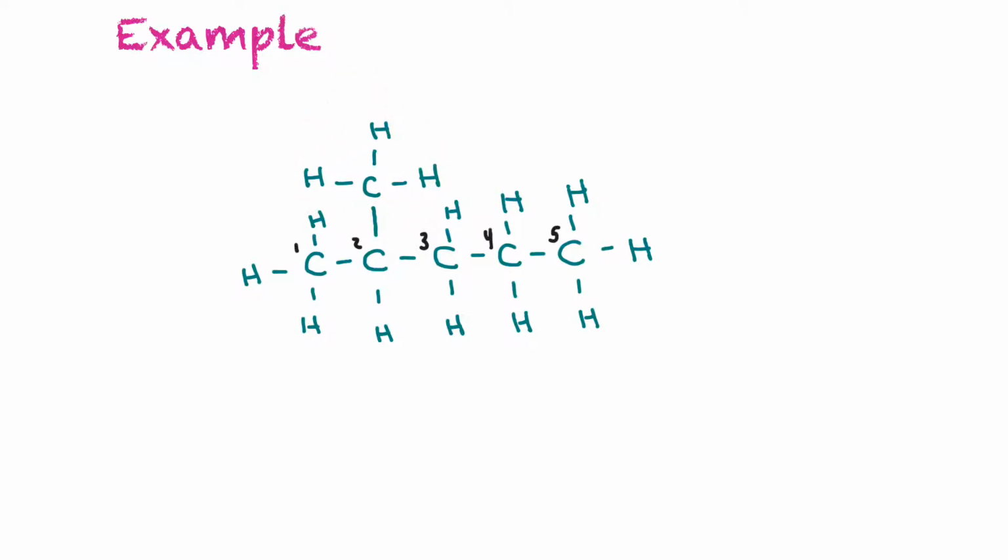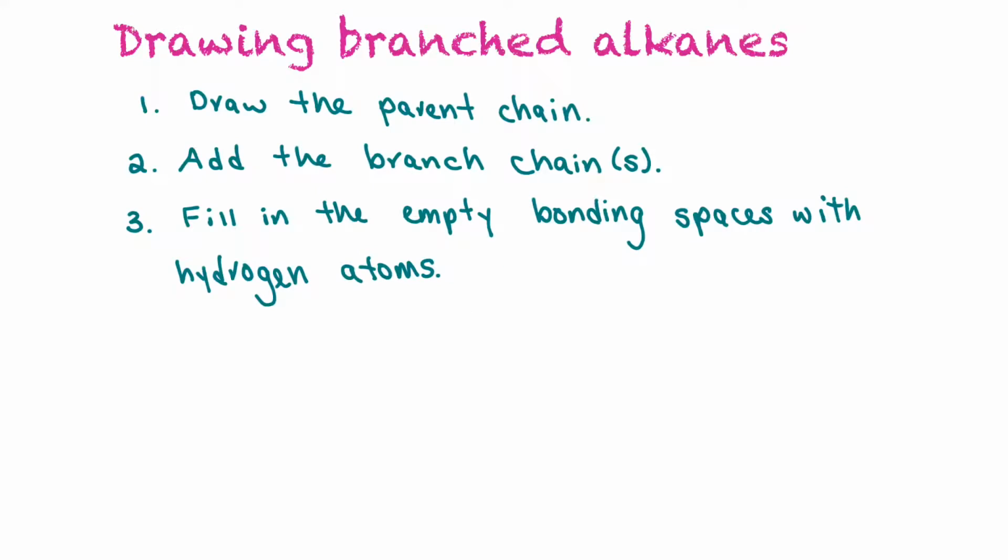The branch has 1 carbon in it and it's on number 2. So the way we name this is 2-methyl, and then there's 5 carbons, so pentane. And that's how you name a branched hydrocarbon.